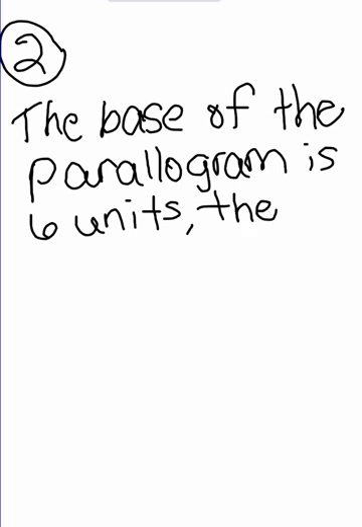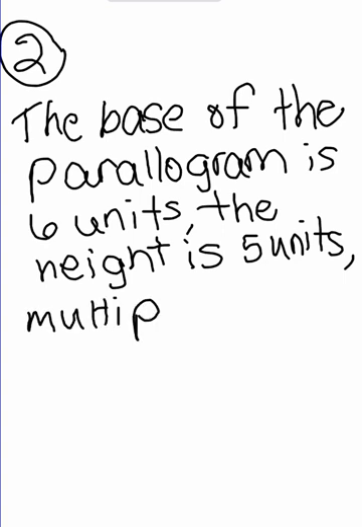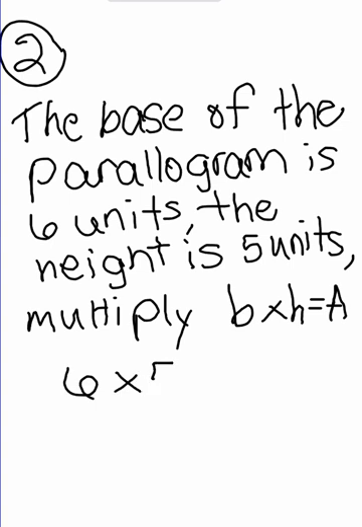The height is 5 units. Multiply base times height to get the area. So you would plug in 6 times 5 equals 30 square units.